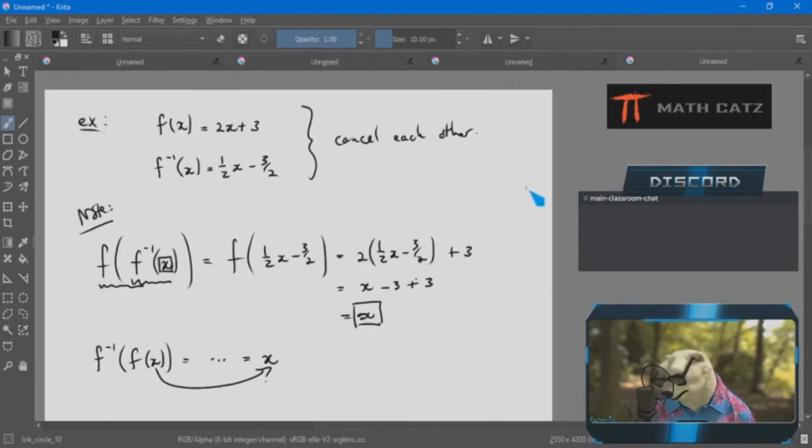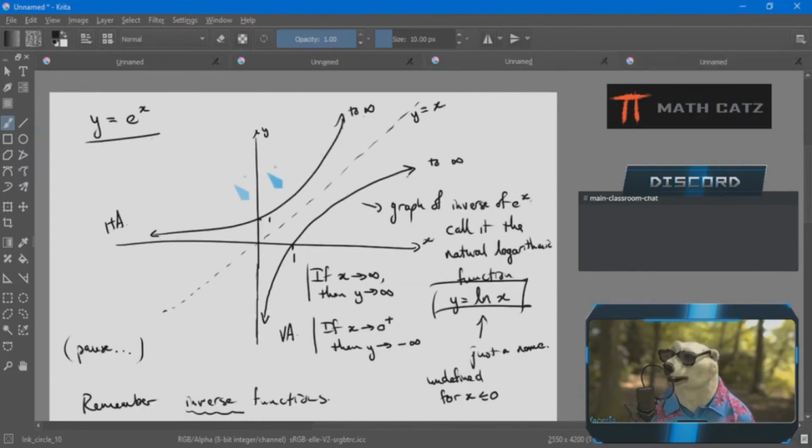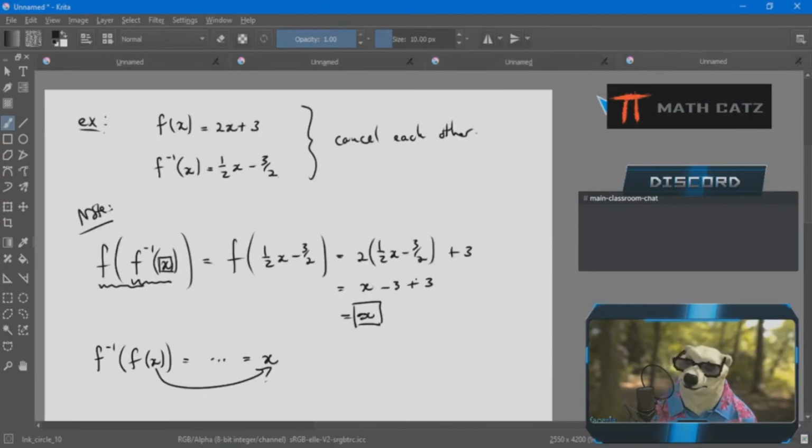Okay. So now I understand the link between inverse functions. If I have one function and its inverse, then they are linked by way of composition and they cancel each other's effects. I have a function and its inverse. I don't care what they're named.